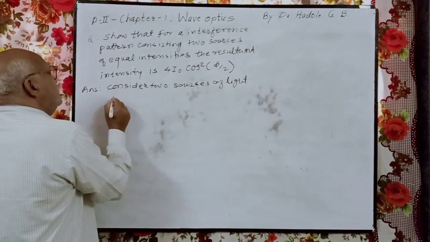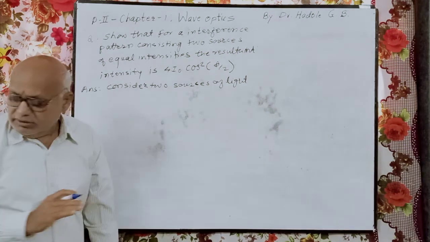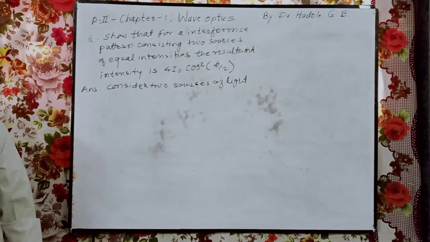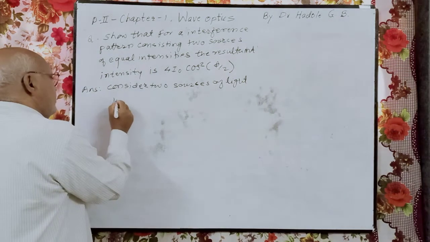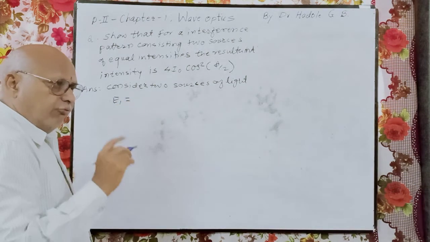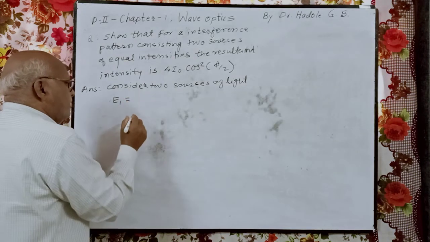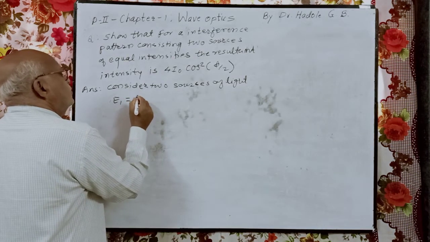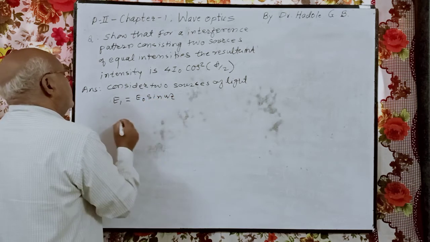Now here we are going to consider two sources of light. Suppose E1 is the simple harmonic wave which emits the light from the source S1, and that is equal to E0 sine omega t.